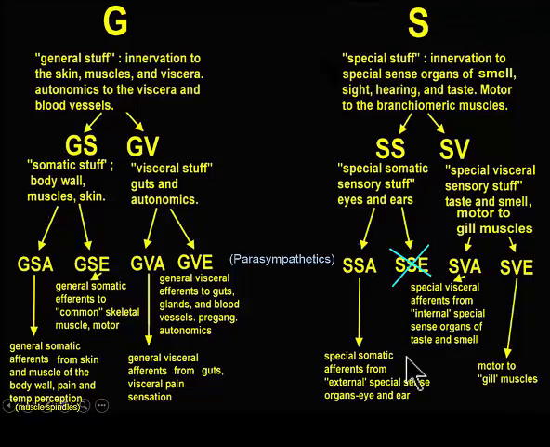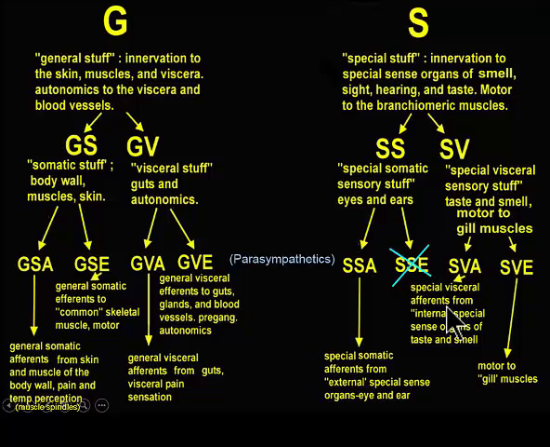Alright, let's go to the special stuff. It's kind of simple. We've got special stuff dealing with gill musculature and special senses and taste, etc. We can split that into SSA, or special somatic afferents, and SVA, special visceral afferents. And let's just jump to the bottom to make it simple. SSA refers to two cranial nerves, right? It's the special senses of hearing and sight.